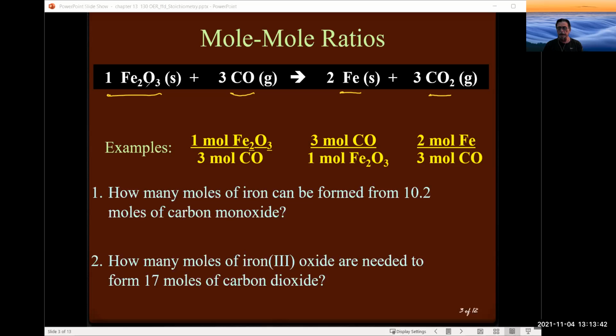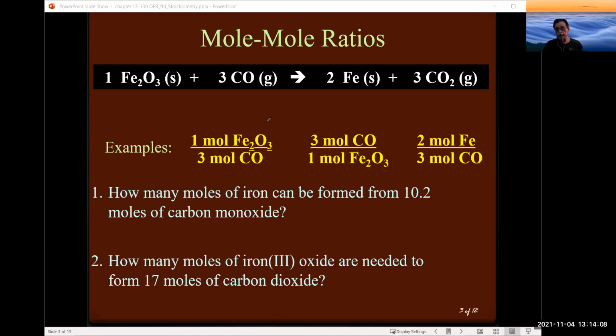We have 2 irons on the left side, 2 on the right side. We have a total of 3 carbons on the left side. We have 3 carbons on the right side. We have 6 oxygens on the reactant side, and sure enough, we have 6 oxygens on the product side in the form of carbon dioxide. And so this reaction is balanced.